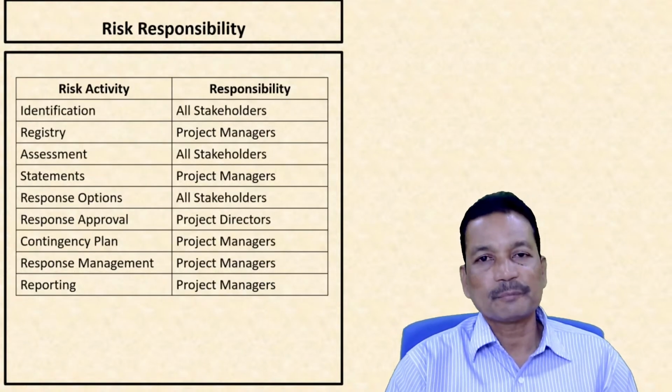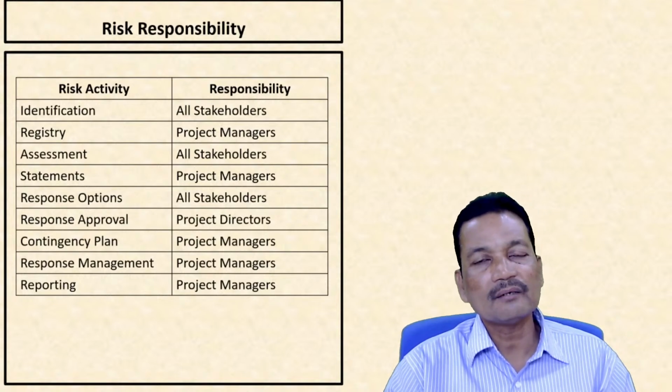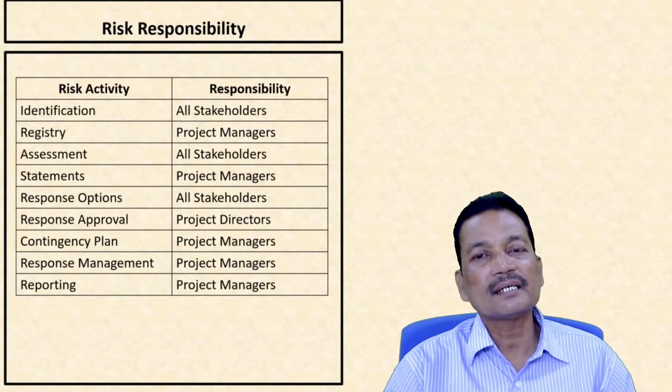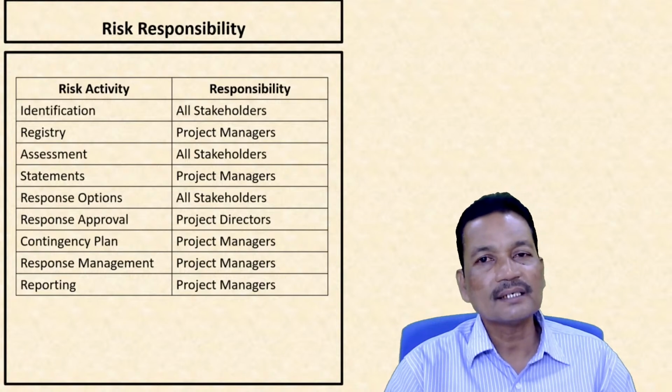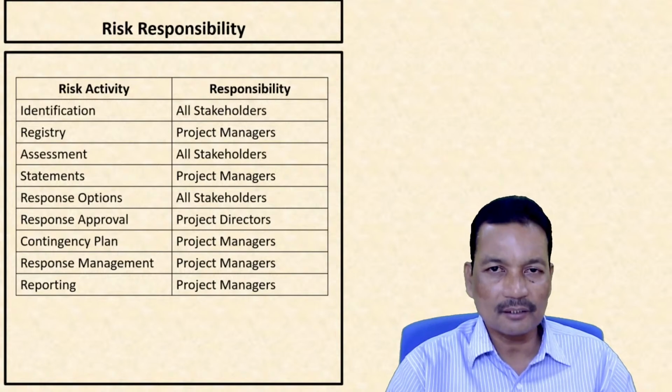Now the risk responsibility. Who is responsible for what kind of risk? First is identification of risk. Here we say all stakeholders are responsible for identification of risk.